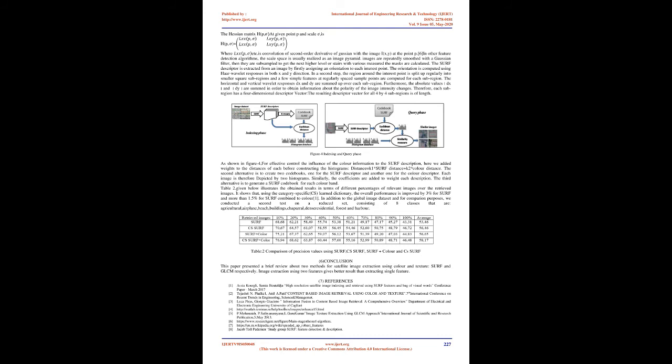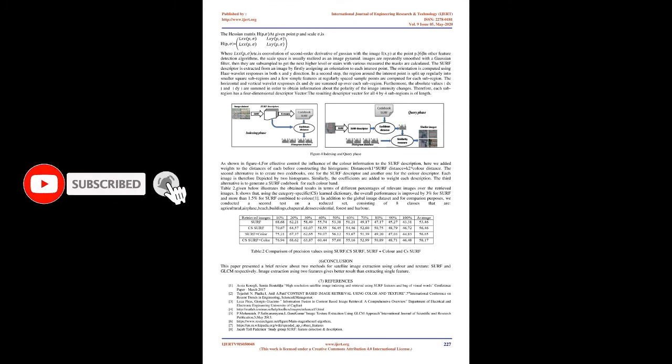The SURF descriptor is extracted from an image by first assigning an orientation to each interest point. The orientation is computed using Haar wavelet responses in both x and y direction. In a second step, the region around the interest point is split up regularly into smaller square subregions, and a few simple features at regularly spaced sample points are computed for each subregion.